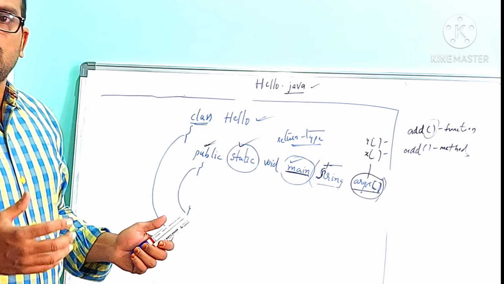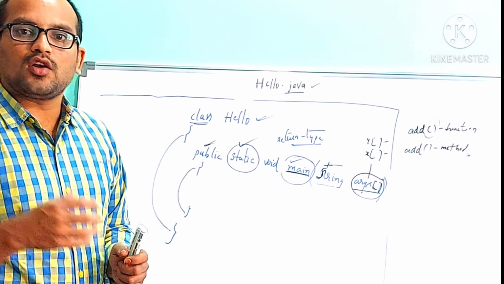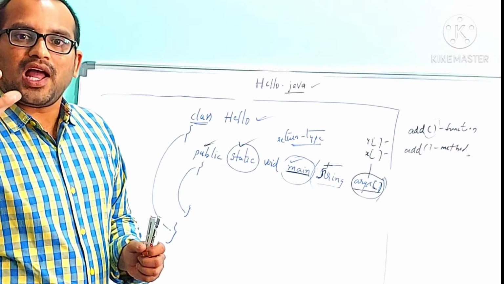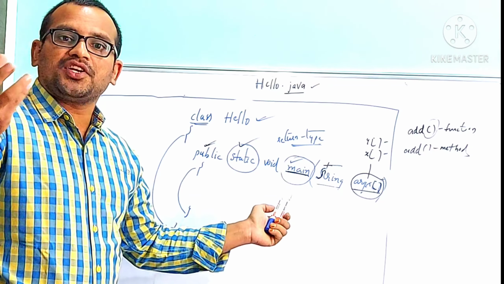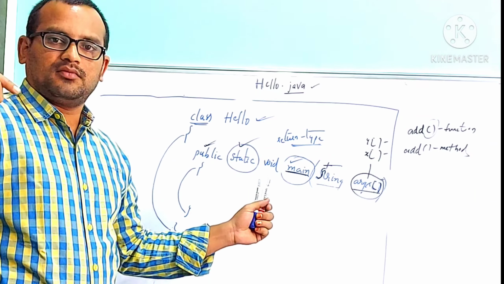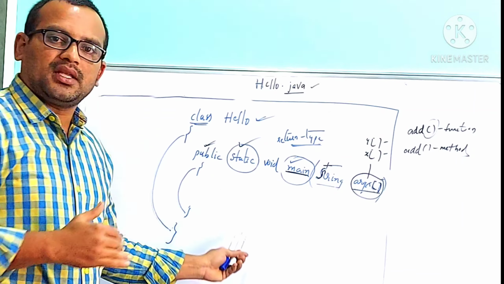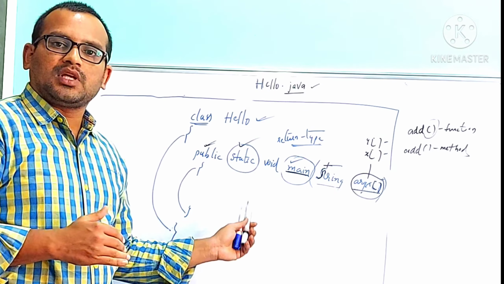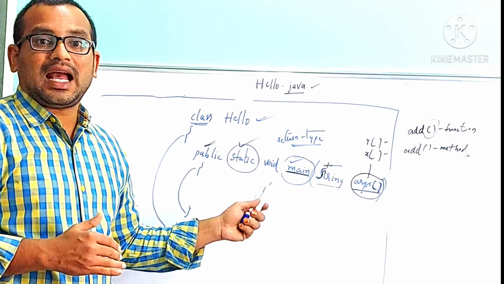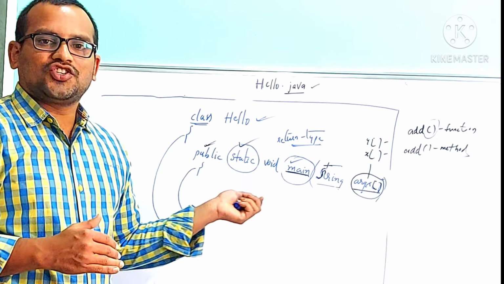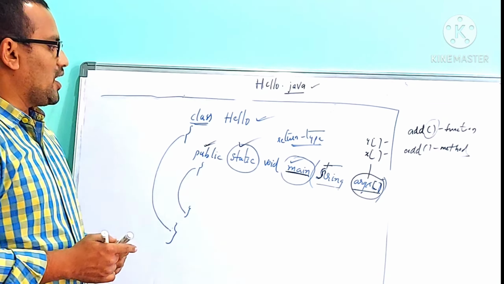Because if you want to pass some input values to the main method, and perform some operations on those input values, we need to use an array. That array is called a string array. In future we will discuss more on this string array.